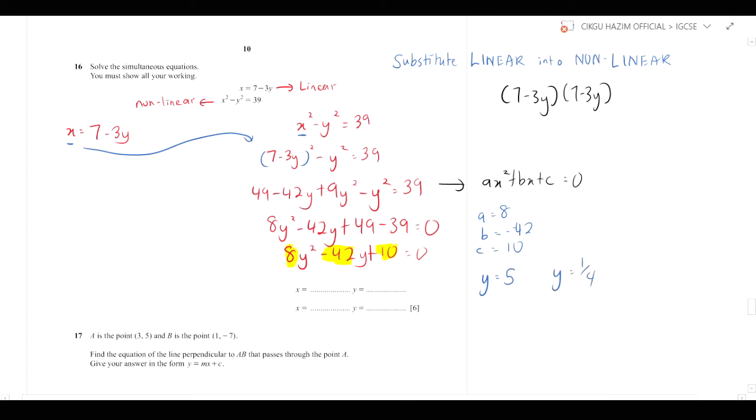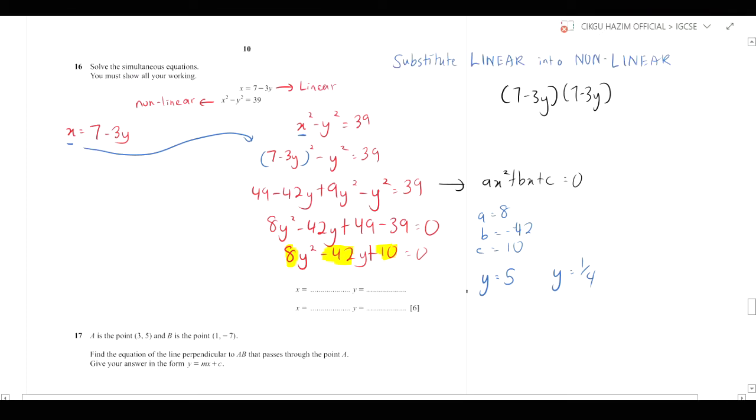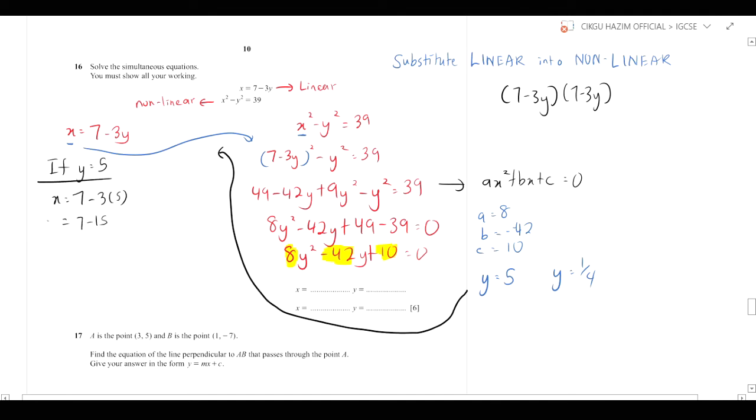So for the next step, what do we need to do? Substitute back into the linear equation. Once you substitute back, if y equals 5, then x equals 7 minus 3 multiplied by 5, 7 minus 15, x equals negative 8. But if y equals 1 over 4, that means x equals 7 minus 3 multiplied by 1 over 4, 7 minus 3 over 4.